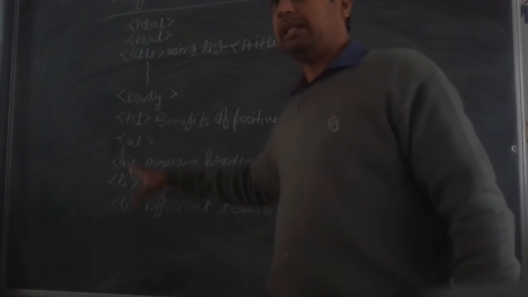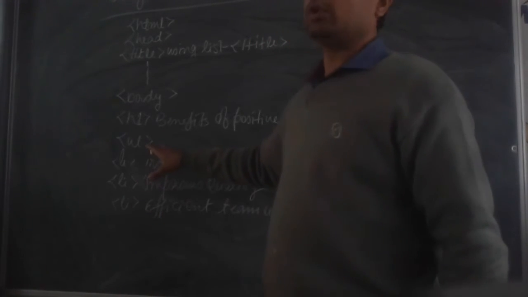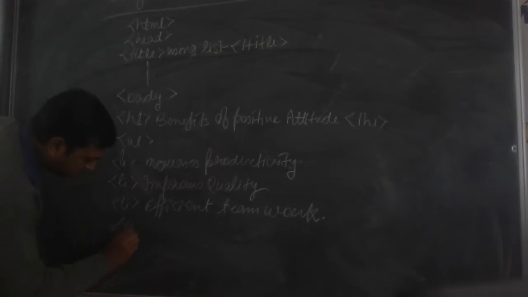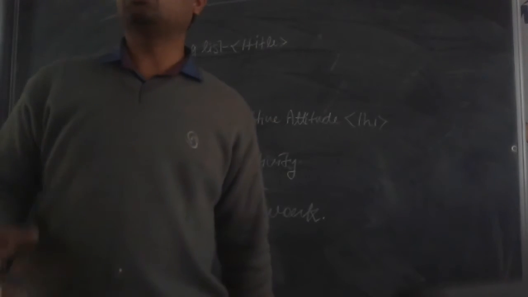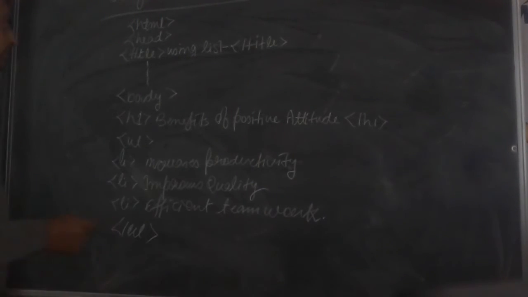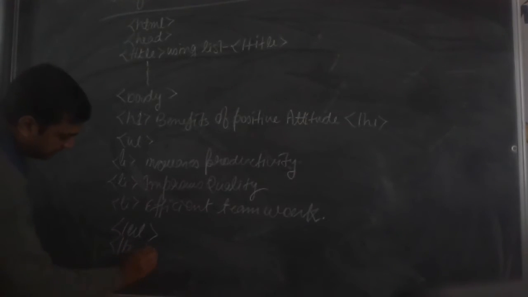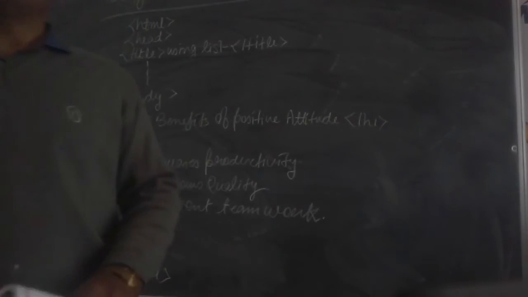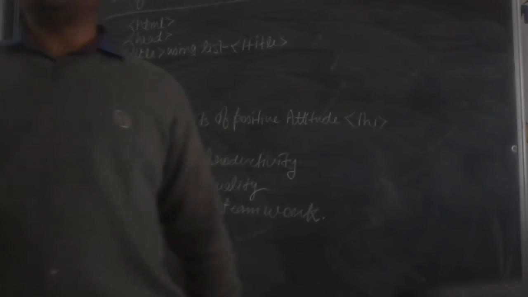After writing so many Li's, we have to close this UL. Now close UL. Then after close the body and close the HTML. So this is the format of using CSS.